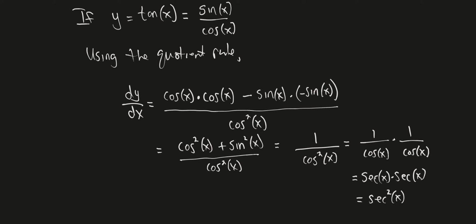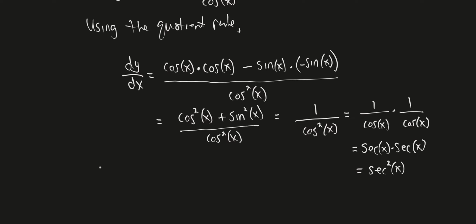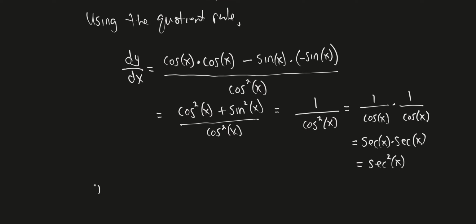There are other ways it can be expressed, but this is, I would say, the more compact or the simplest form for the derivative of tangent. All right, so again, let's summarize. If y equals the tangent of x, its derivative is secant squared of x.